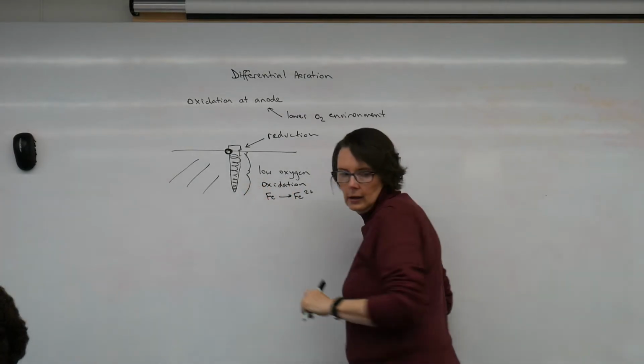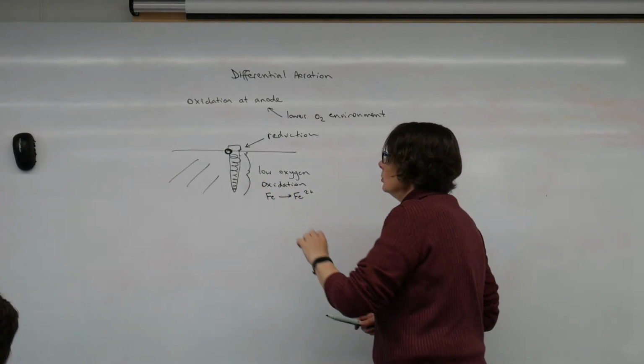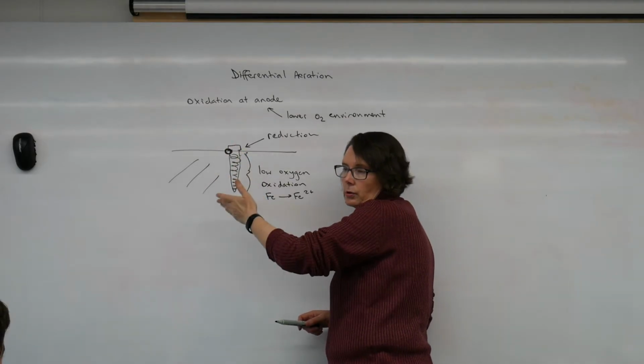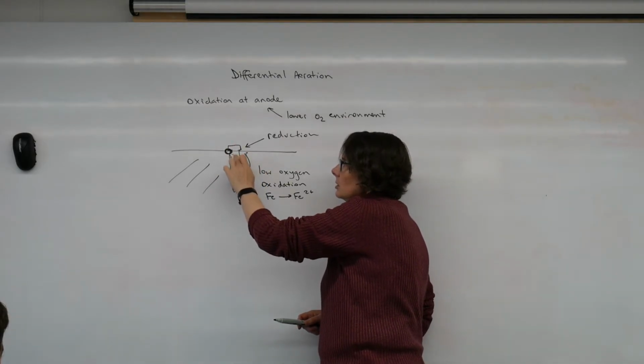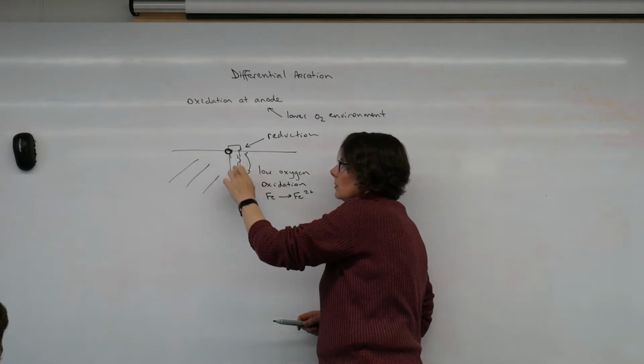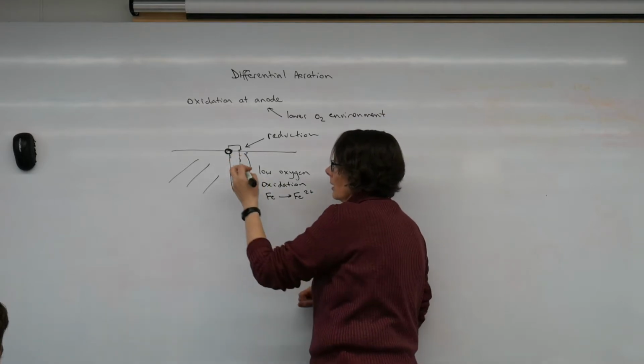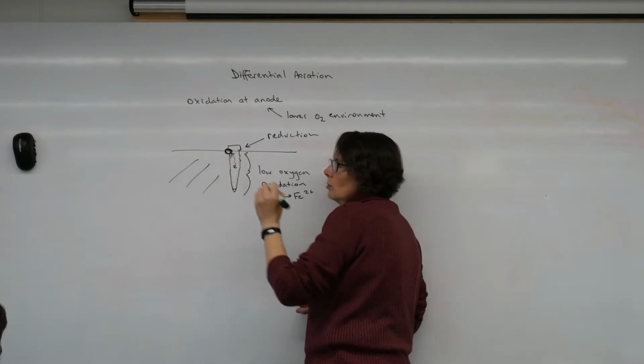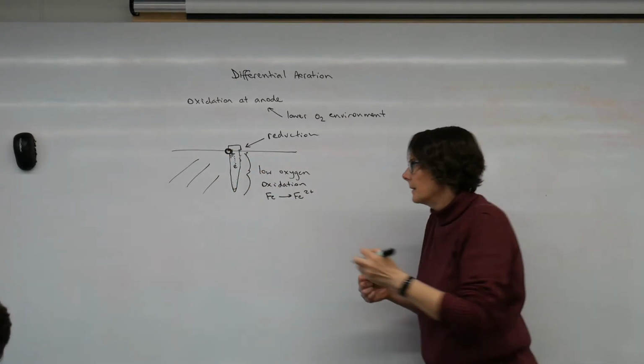Remembering again that we have our electrons moving. This time it can't move through the timber or the concrete. It's going to need to move through the nail or whatever it's made of. The electrons are going to be moving through the metal.